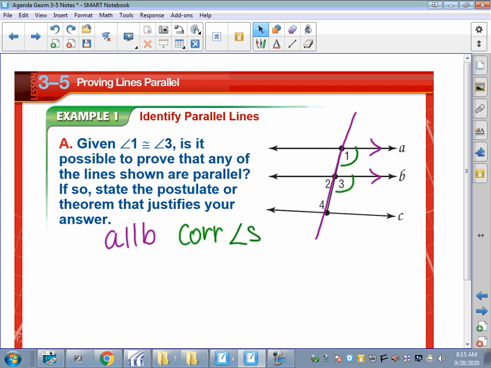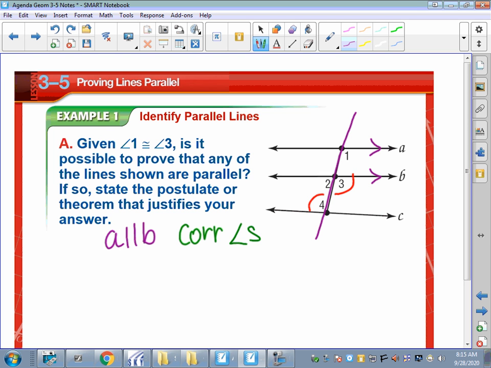What if I said, well, let me hold on one second. I'll ask the next question. What if I change the whole problem, and I said that angle 3 is congruent to angle 4? I know they don't look congruent. Maybe, hopefully you see that.